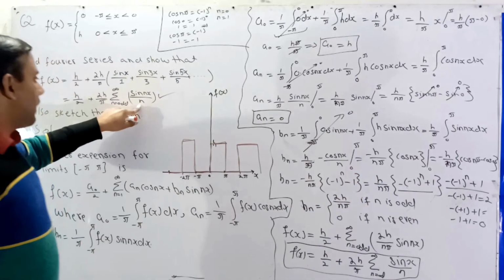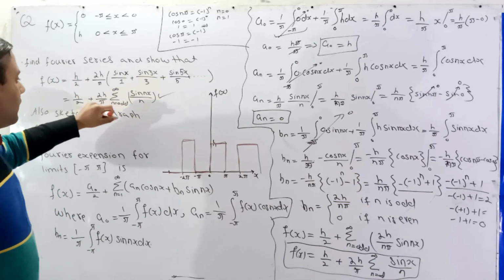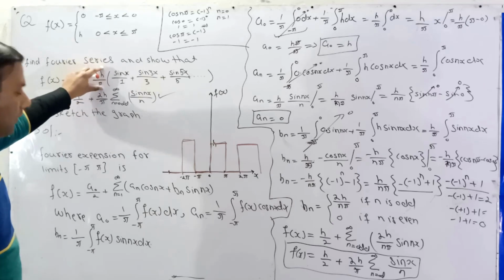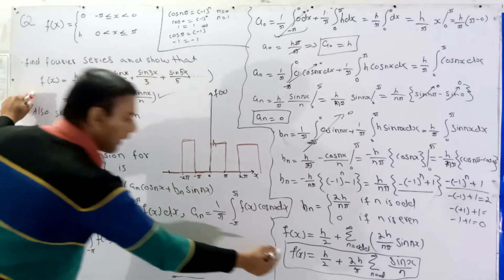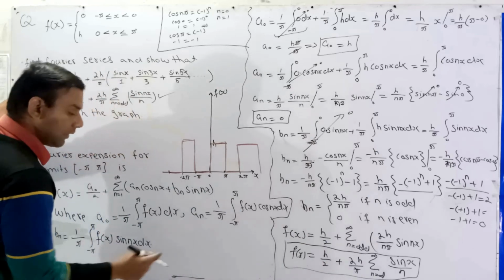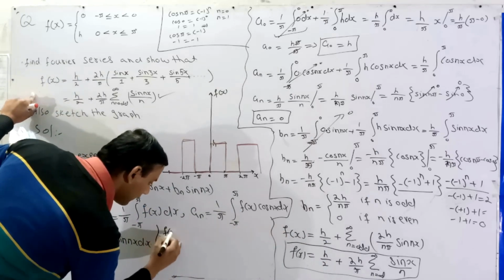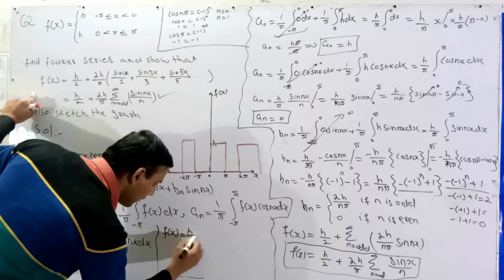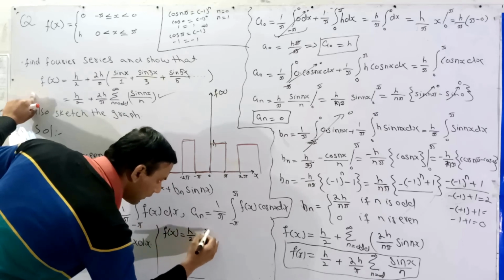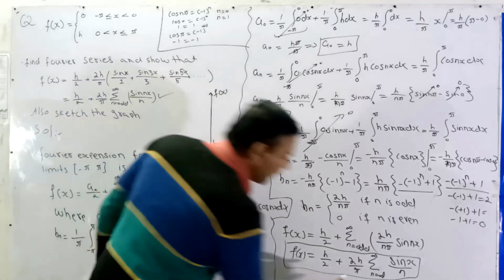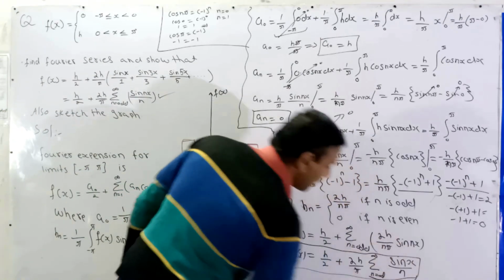Now the second demand of this question is that this expression can also be written in this form. So we have to expand this series. F of x is equal to h over 2 plus 2h over pi. Here we will have to expand this summation.